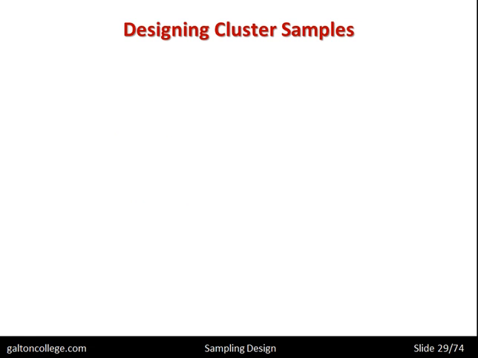Now let's look at the cluster samples. Well, for a start, how homogeneous, how similar are the clusters? If we have a cluster of purchasers of a particular product living in a particular area, does that mean that the characteristics of one of the customers is representative of all of the customers in that area?